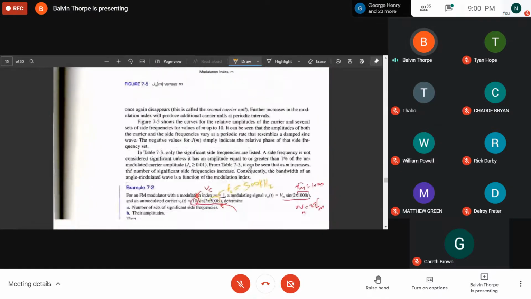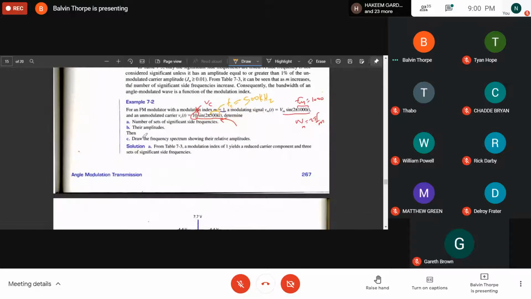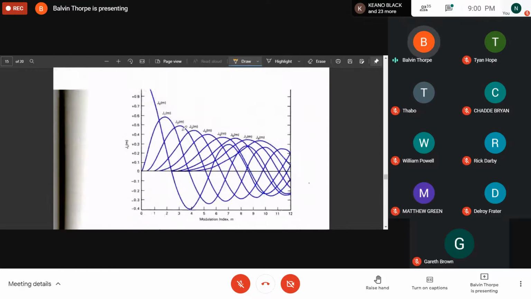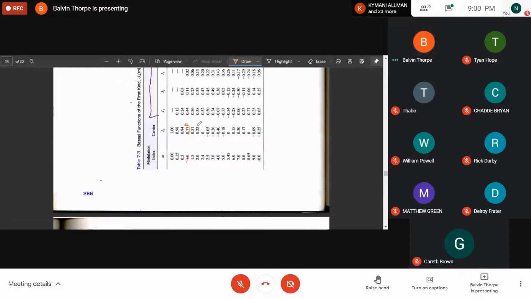That's what is being asked right here: the number of significant side frequencies, and in this case it would be 3. What are their amplitudes? The amplitude of the significant side frequency is going to be VC, which is 10, we already know, multiplied by these values.